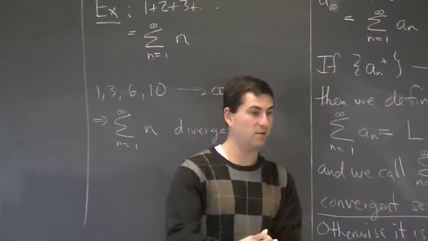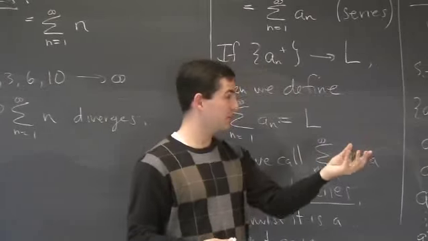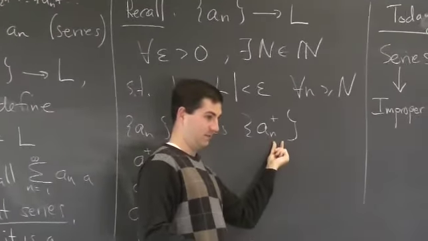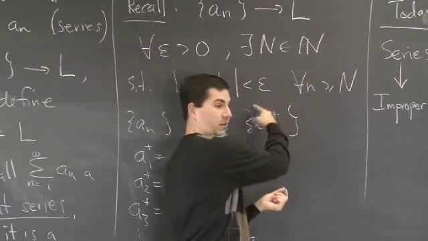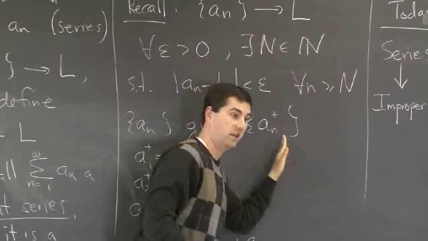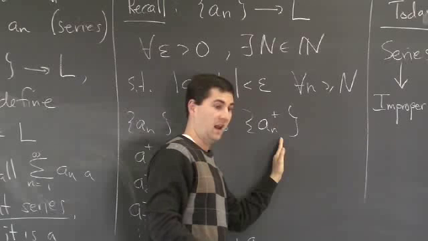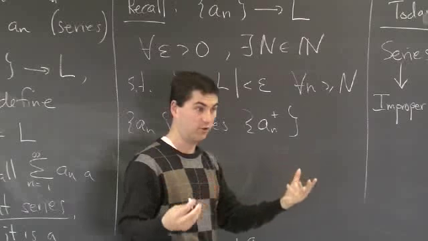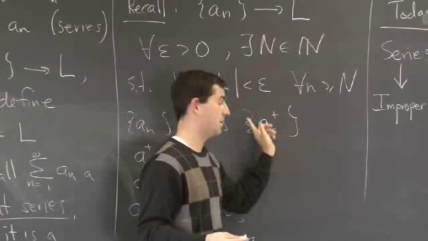You start with a sequence, you build a series. But the series is really just talking about the limit of your sum sequence. You build a new sequence called the sum sequence, and the series converges if this sum sequence converges.